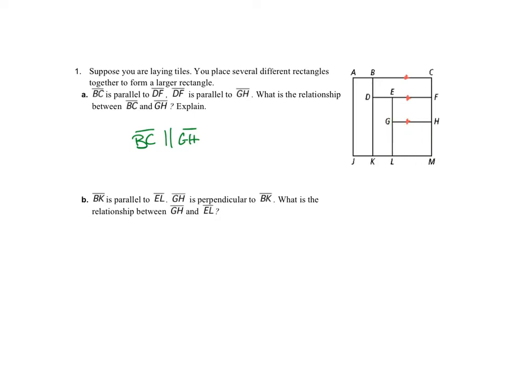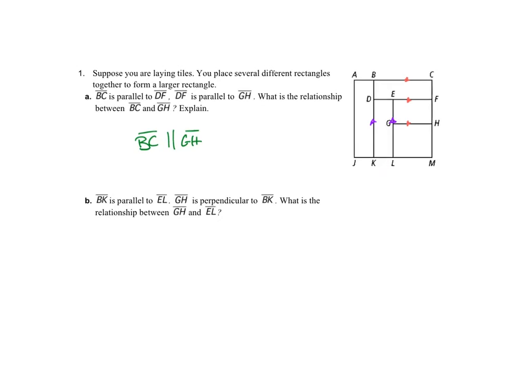So BK is parallel to EL. BK, let's use another color. BK is parallel to EL right here. DH is perpendicular to BK. So if we continue this line right here, these two lines are perpendicular, right?